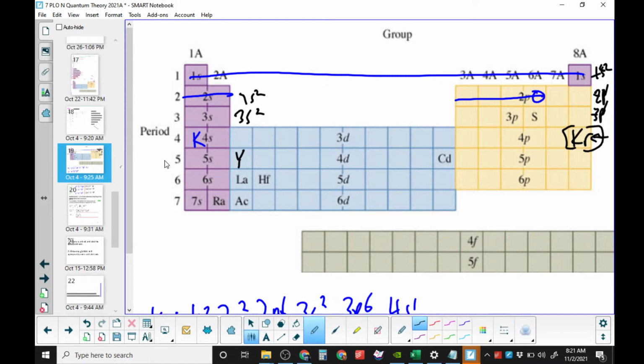What's left to do in this row? 5s2. And then what's that one, the one yttrium is in?